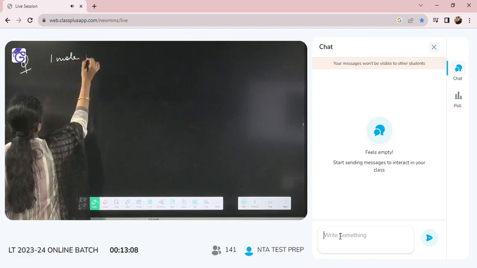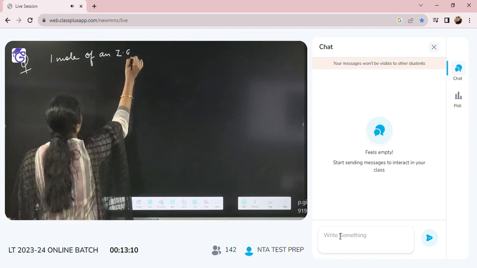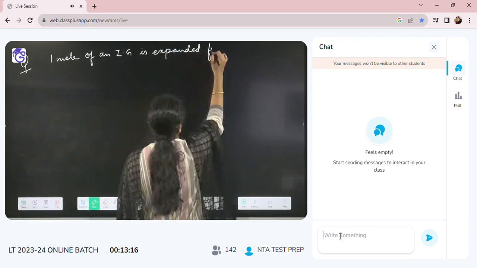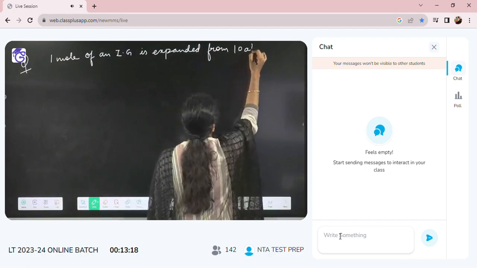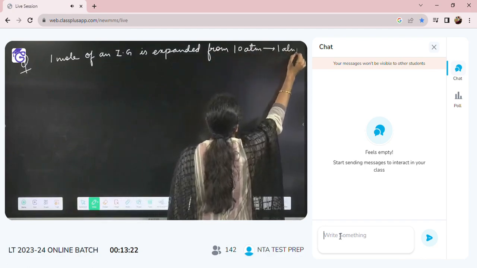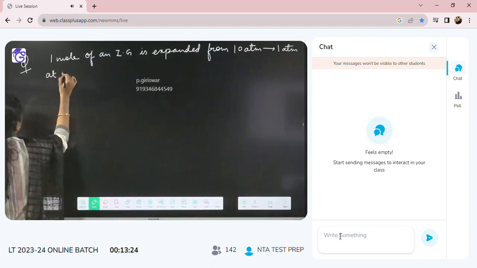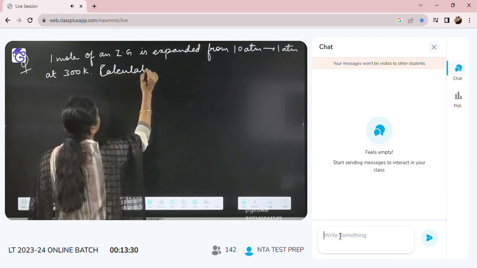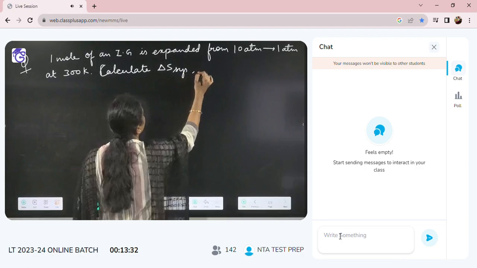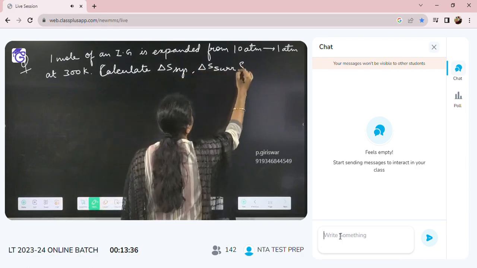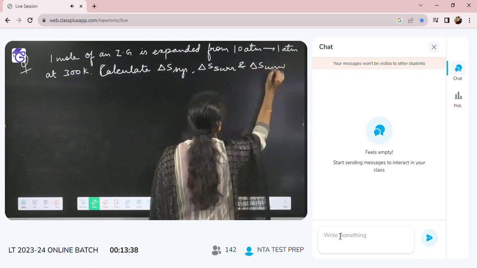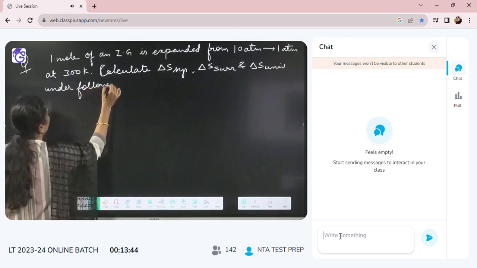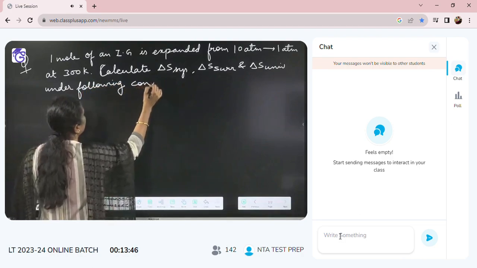1 mole of an ideal gas is expanded from 10 atmosphere to 1 atmosphere at 300 Kelvin. Calculate delta S system, delta S surrounding and delta S universe under the following conditions.